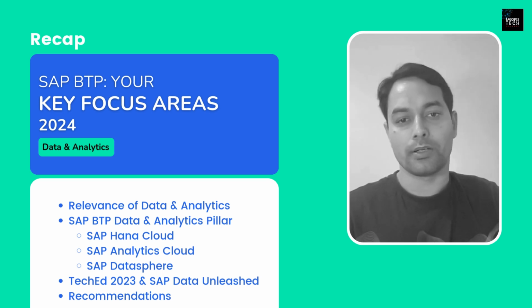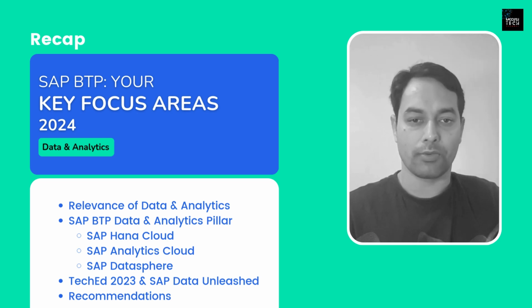We also discussed about TechEd 2023 and Data Unleashed 2024 events. And based on that, we also gave you some recommendations. If you have not watched this episode, there will be a link popping up on the screen.